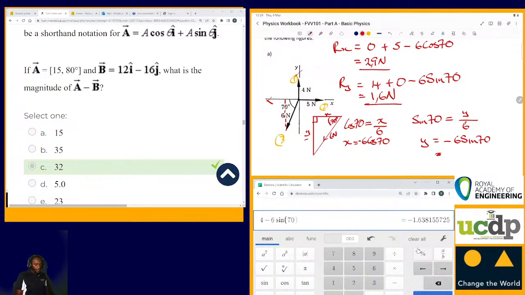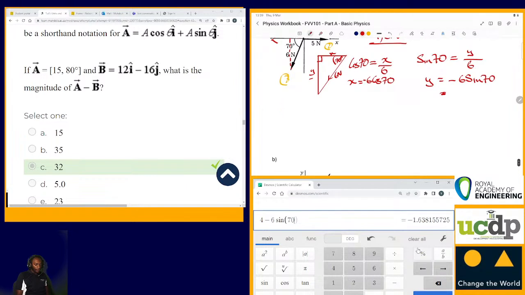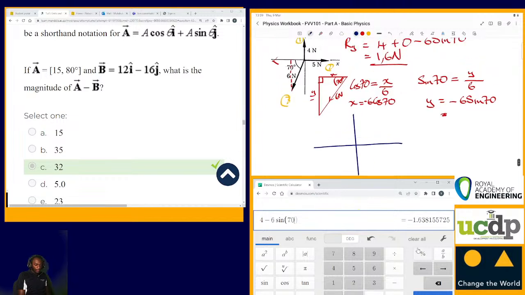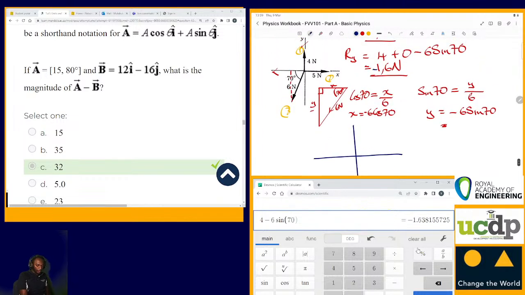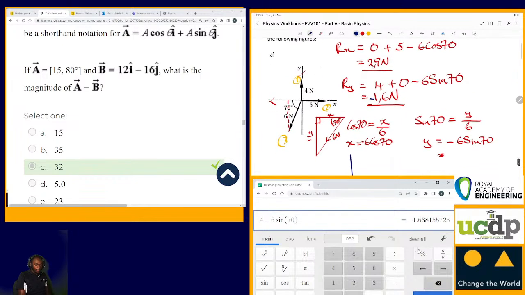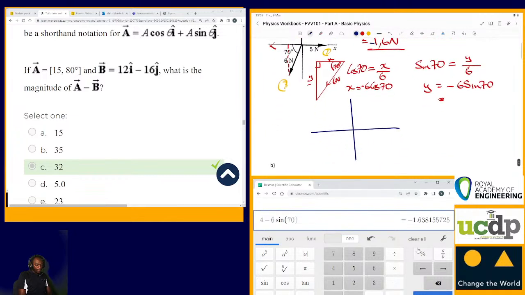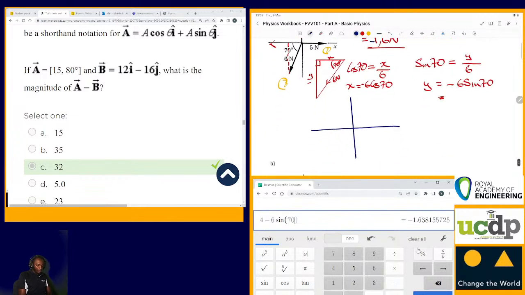Okay, and the question says we should find the direction. So meaning to say we should now sketch. Oh, that's negative, so this should be negative. 2.9 was positive, so our y is negative, meaning that we should be in this direction, and our x is positive, so we should be in this quadrant.